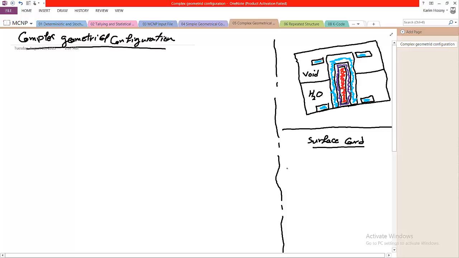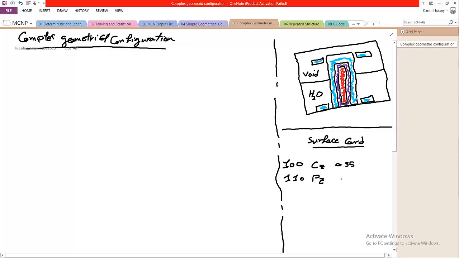First, to solve this problem, we have to make our surface card for each single fuel cell. Let's say 100 CZ, let's say 0.35 centimeters. Then 110 will be PZ, plane perpendicular to the Z axis.